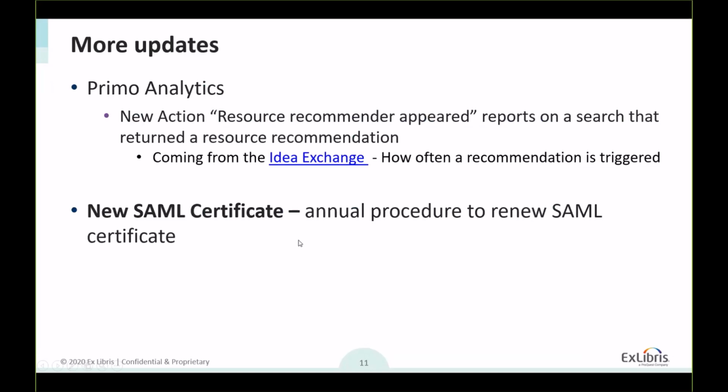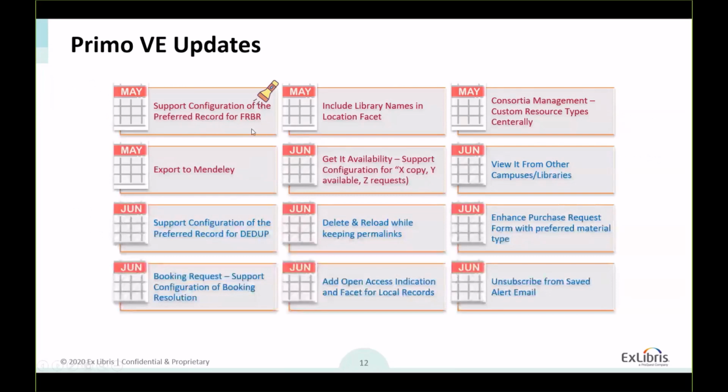Okay, so the first thing that is being released in May, and I will demo that also in a dedicated slide, is a new configuration to give you control to determine what will be the criteria to set the preferred record for a FRBR group.